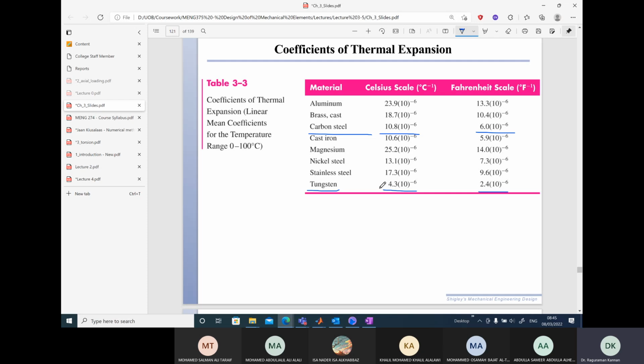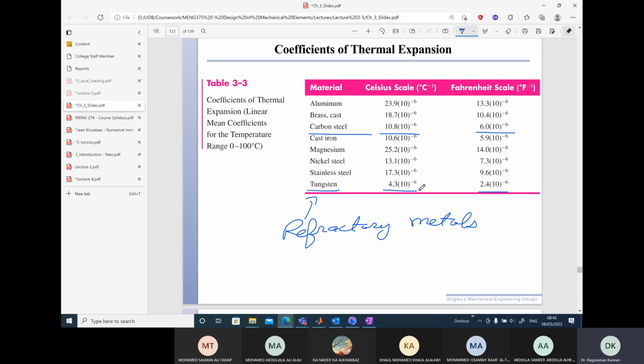And tungsten is a material classified as a refractory material. Refractory metals can usually withstand very high temperatures. So you will find tungsten is widely used in high temperature applications.